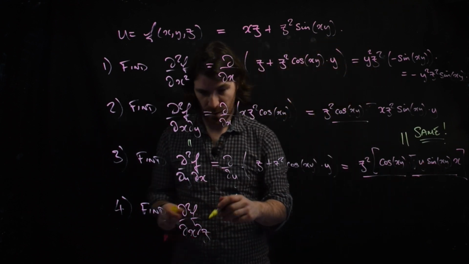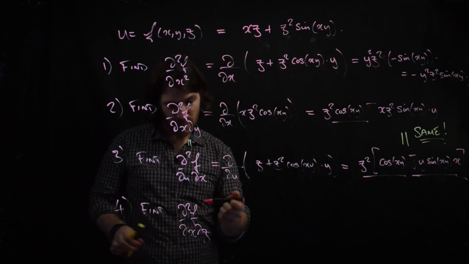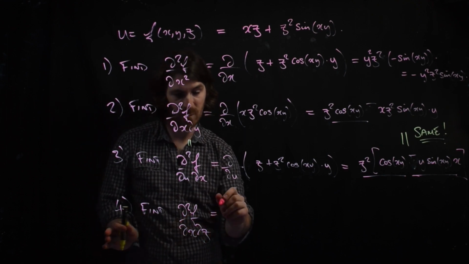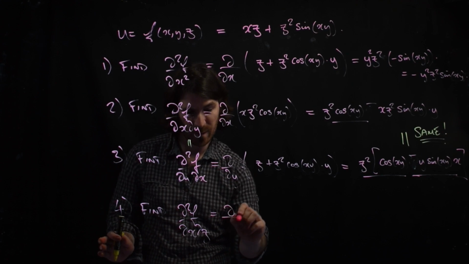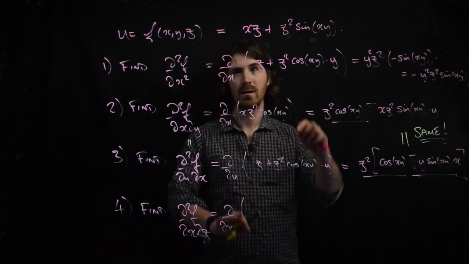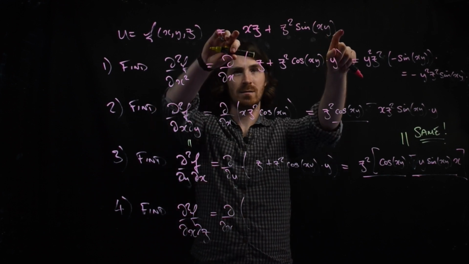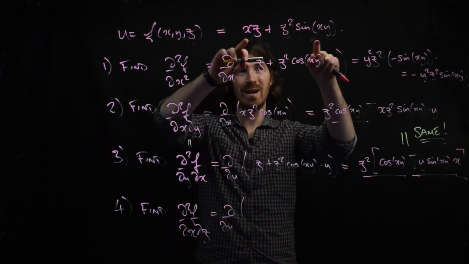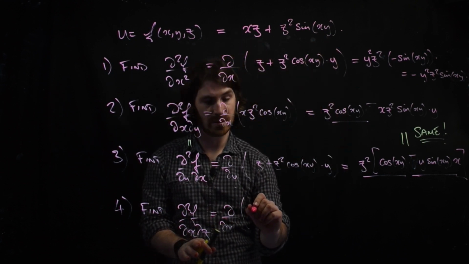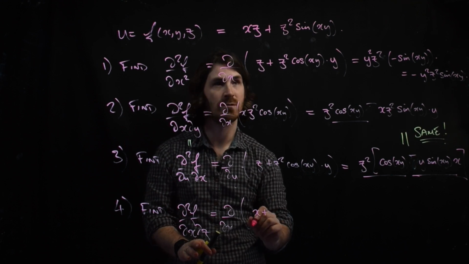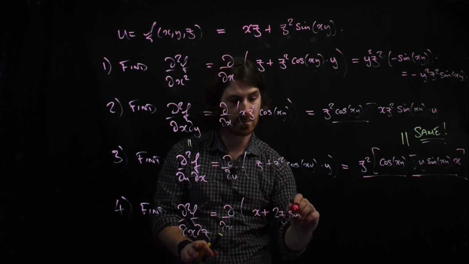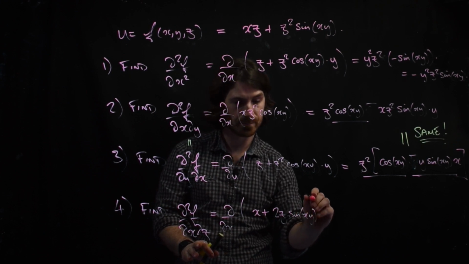Fine, good. And then finally we want the second derivative d2f by dx dz. In this case we want to do d by dx of df by dz. And df by dz is the derivative of this holding x and y constant. So df by dz is x plus 2z sine xy.